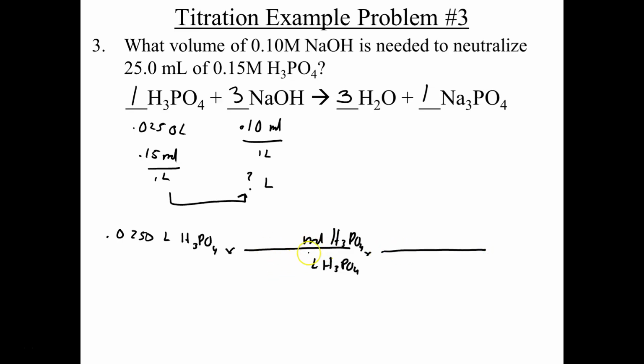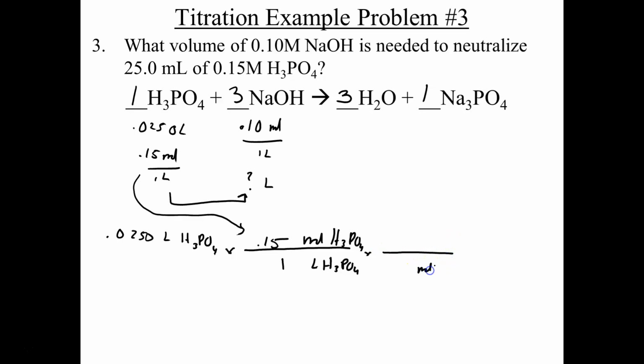Okay, let's fill this in, because the next step is going to look a little bit different here, but not too bad. Molarity was 0.15. So that's 0.15 moles over 1 liter. So again, I'm just taking my molarity here and inserting it into my factor label as a conversion factor. Cancel out moles. Let's make this a little bit smaller so I don't run out of room.